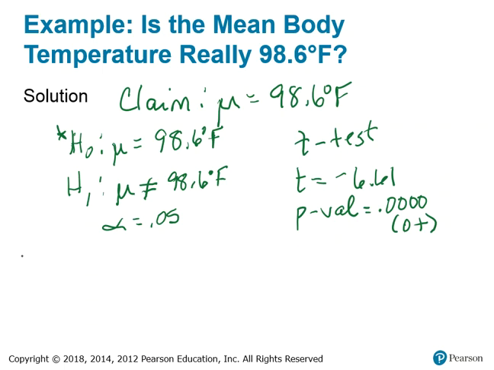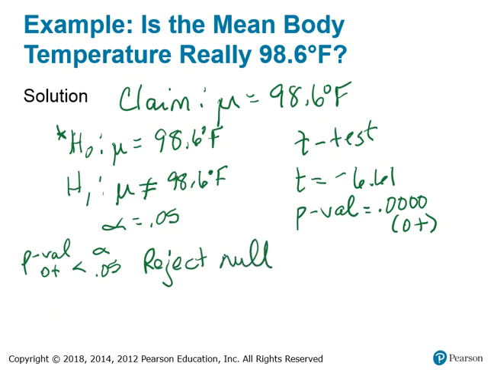So now I'm going to compare my p-value to my alpha level. So this is really, really small. This is 0.05. Well, my p-value is definitely less than 0.05, so I am going to reject the null. And so if I look at my options, this time I have the equality within my claim, and I am rejecting the null.